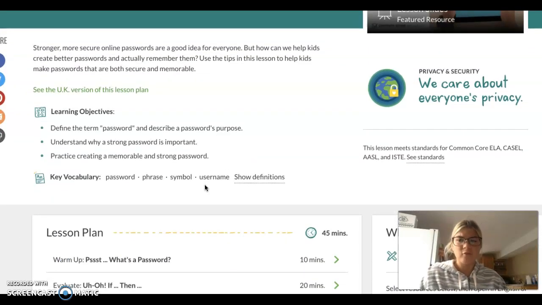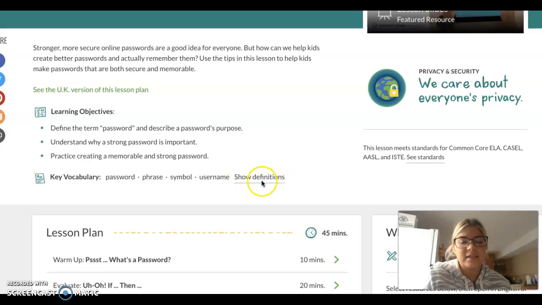So for this, the learning objectives are: define the term password and describe a password's purpose, understand why a strong password is important, and practice creating a memorable and strong password. Before the warm-up and everything, I would ask students to raise their hand if they know the definition of a password or any of these other vocabulary words, just to see what their background knowledge is.